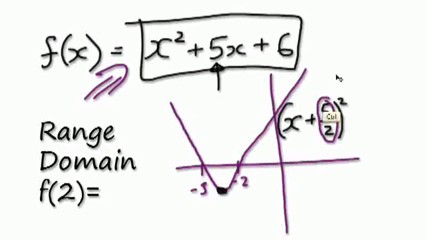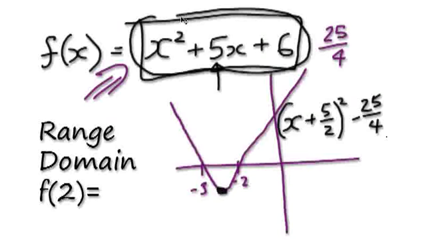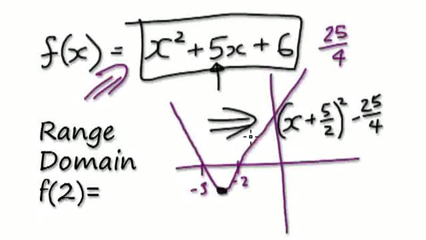Now when you square this, it will be 25 over 4, so you immediately take away the rubbish, which is 25 over 4. This whole thing can be rewritten as this thing here. You can imagine this as f of x equals this, exactly the same as before but written differently.